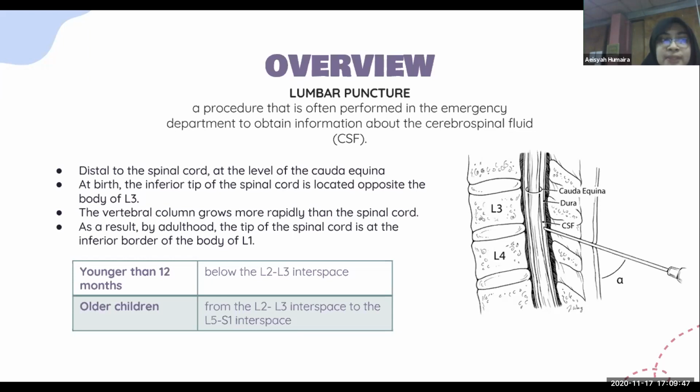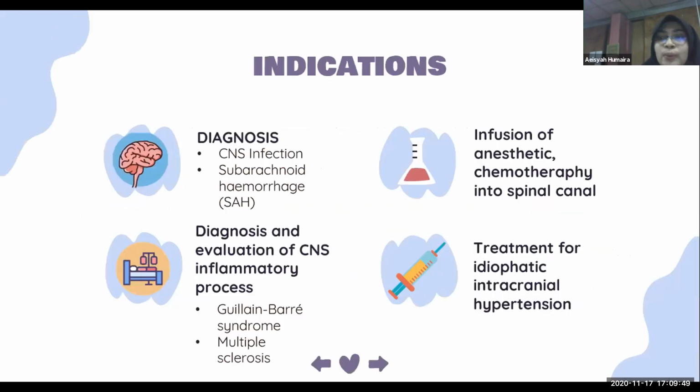When do we need to do lumbar puncture? It is usually for diagnostic purposes, such as life-threatening conditions like CNS infection, meningitis, or subarachnoid hemorrhage. It is also used for the diagnosis and evaluation of neurologic conditions such as Guillain-Barré syndrome and multiple sclerosis.